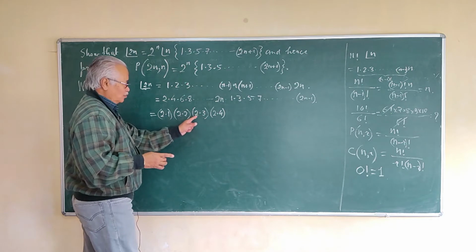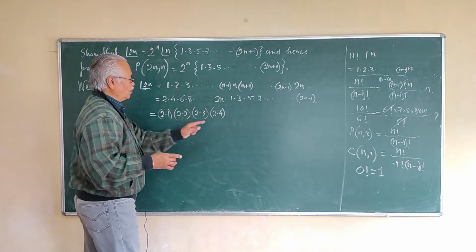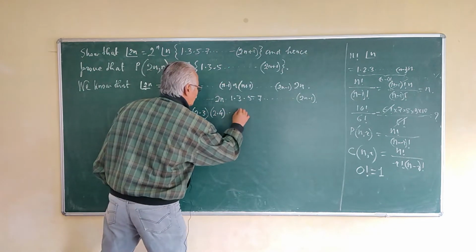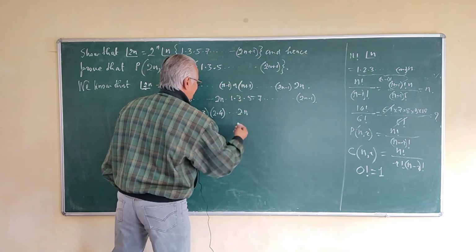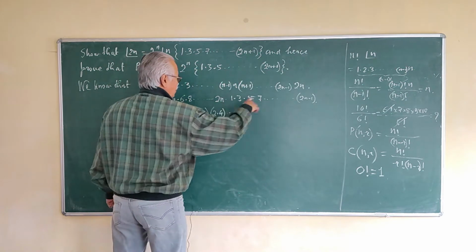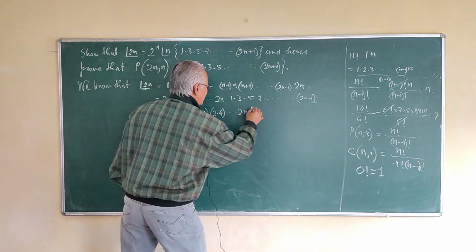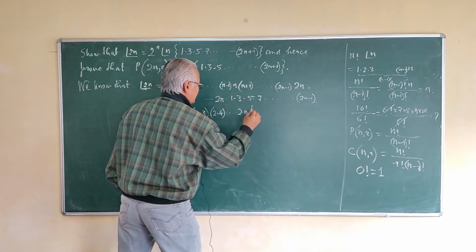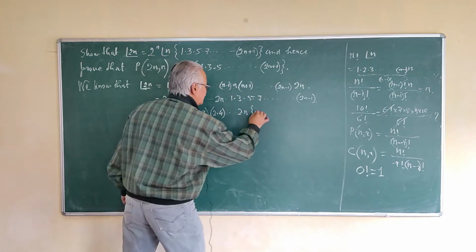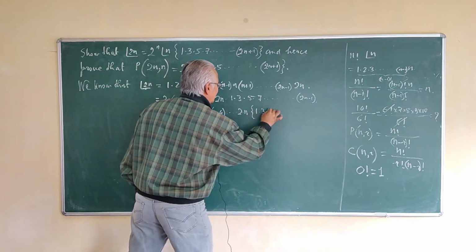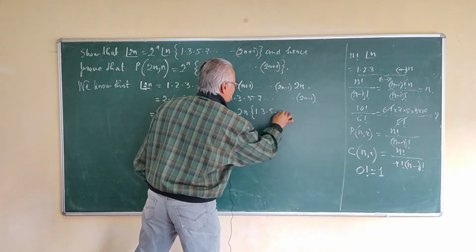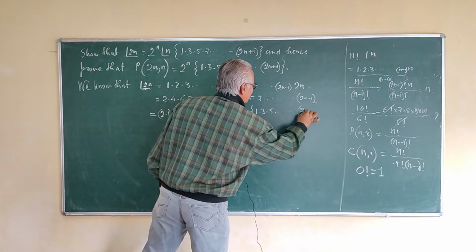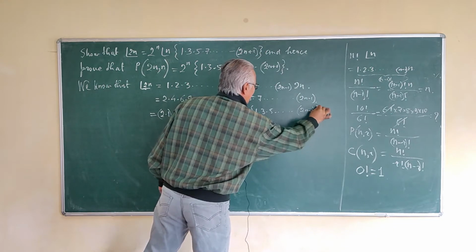We are multiplying 2 into 3, 2 into 4, until you reach 2 into n. And the rest we'll just leave like that. So separate it out, putting a curly bracket, 1, 3, 5, etc. till you reach twice n minus 1, right?